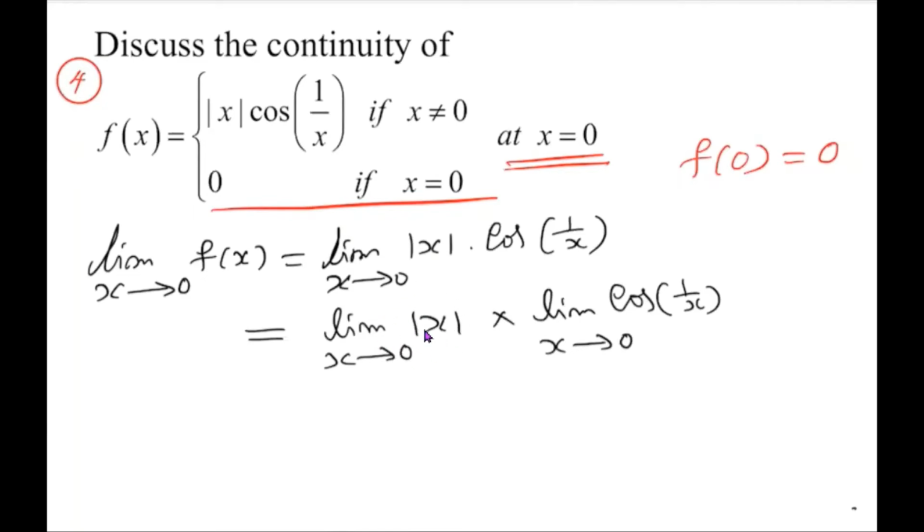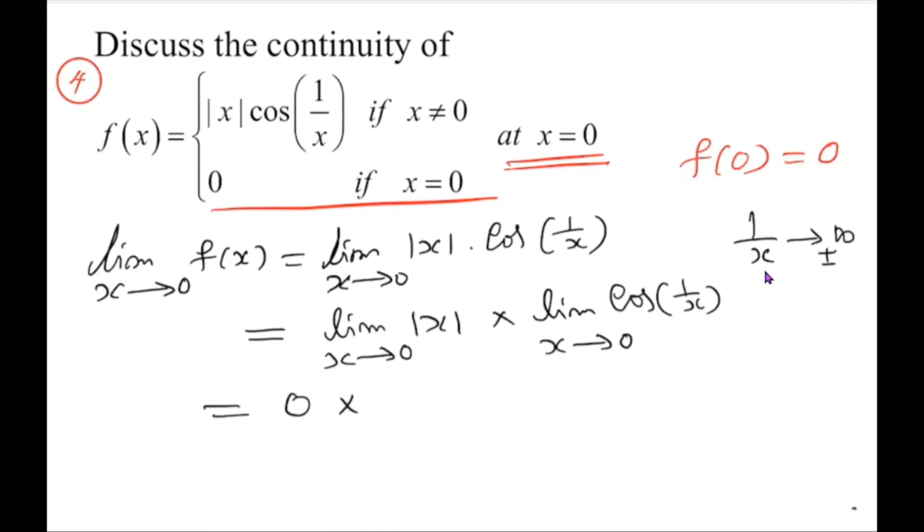Replace x by 0, you get 0 here. This is 0 into. Now as x tends to 0, 1 by x tends to plus or minus infinity. That depends on x approaches 0 from the right or from the left of 0.